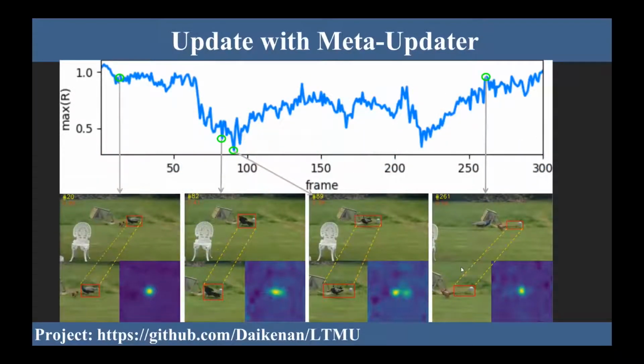And this figure illustrates that information from a single frame is not enough to judge whether the current tracking result should be used for update. For example, this figure shows the confidence measure output by ATOM on a video sequence. We can see that it has to make decisions by the value of the score or the shape of the response map from a single frame, but we can observe some clues from the curves.